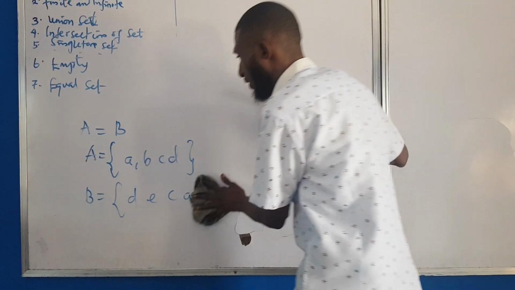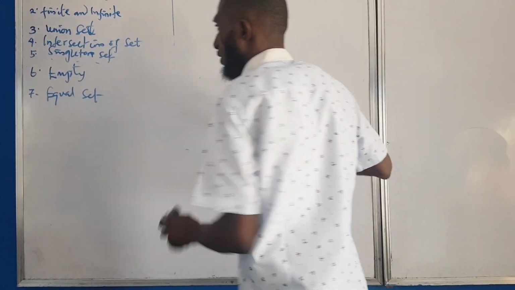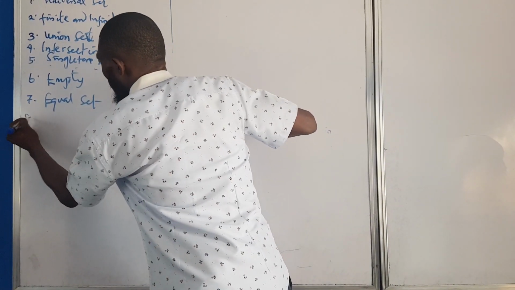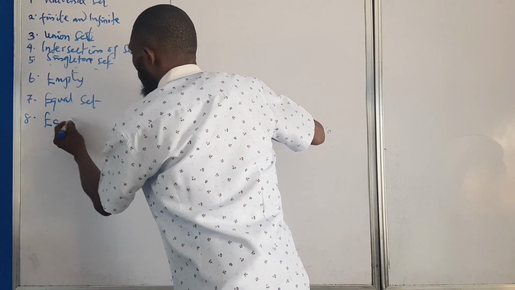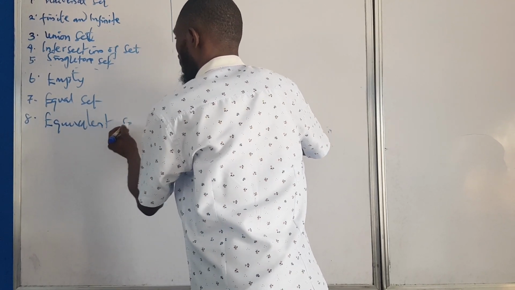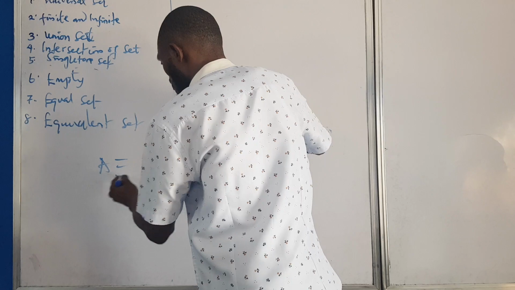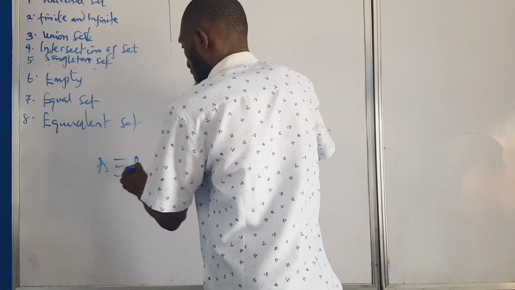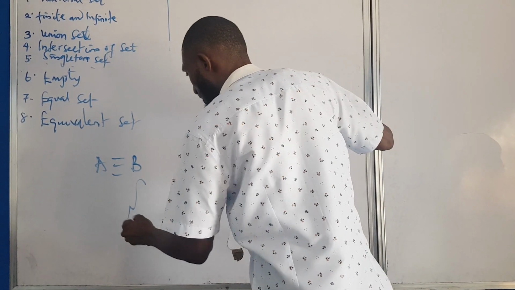Then we have equivalent sets too. Let's say A is equivalent to B. We use this symbol to denote it. Equivalent sets are sets that have the same number of elements.